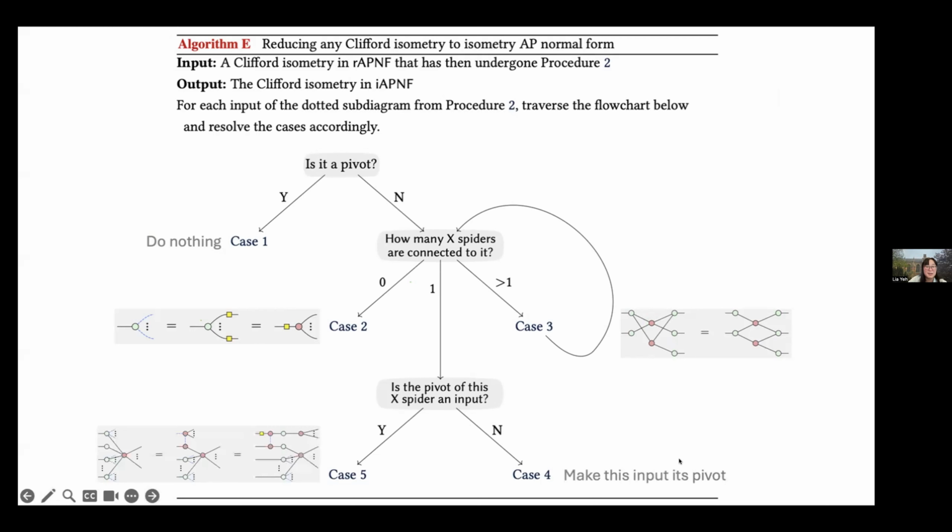If that pivot was another input spider, then you have to do something a bit more complicated, which is essentially you can unfuse this XX gate with a Hadamard here, and then that creates a new red spider internally. This gets shoved into the input unitary, and then this new red spider is happily such that this is its pivot, and it's not connected to any other red spiders anymore.